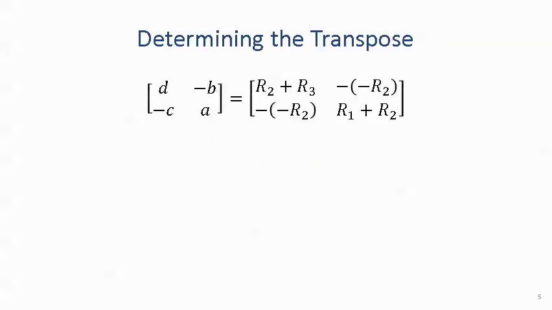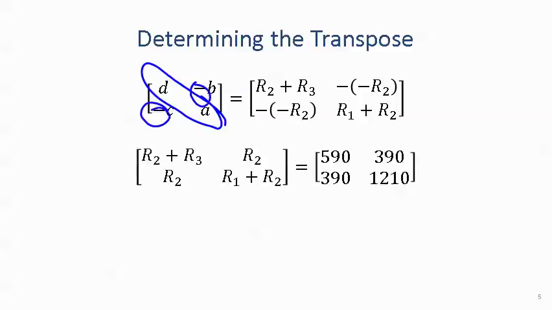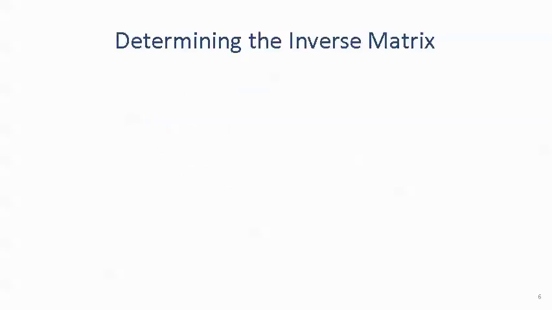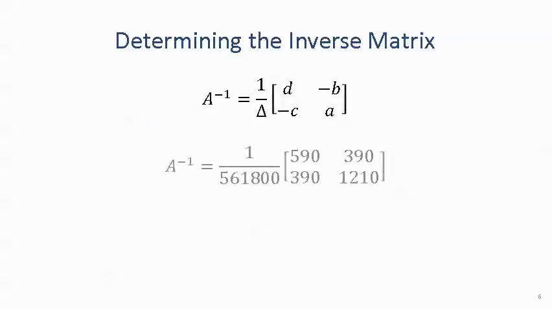Looking at the transpose, again, we'll just swap A and D, and we negate B and C. So now this is our new transposed matrix, and the inverse becomes 1 over delta times the matrix.